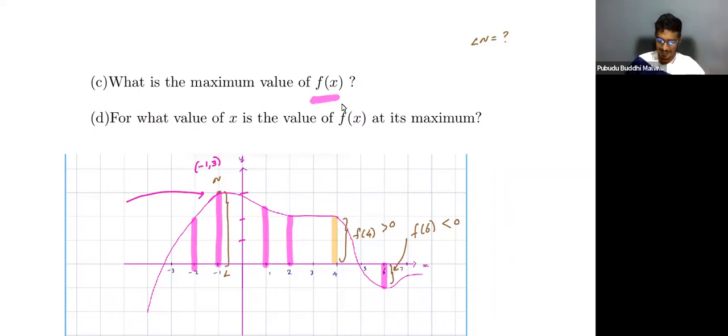That height is the same as this OP height. So we definitely know that the OP height equals 3. Therefore, that's the maximum height. Don't even need to focus on OP, because we just need the y value at the highest point, that is 3. So the maximum value equals 3.